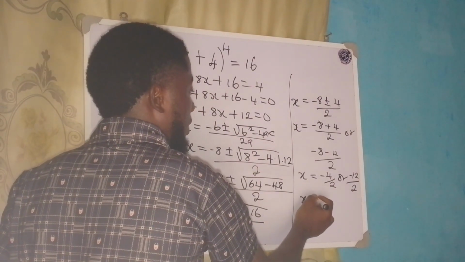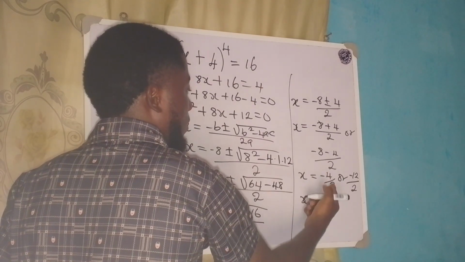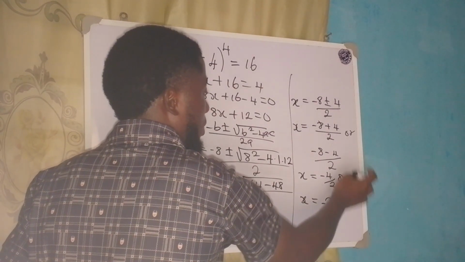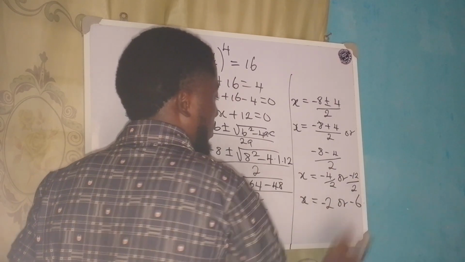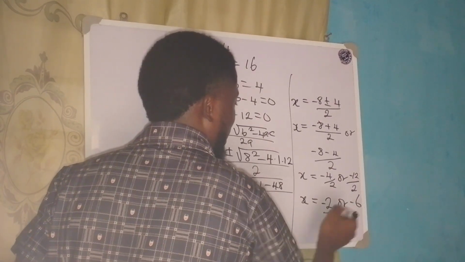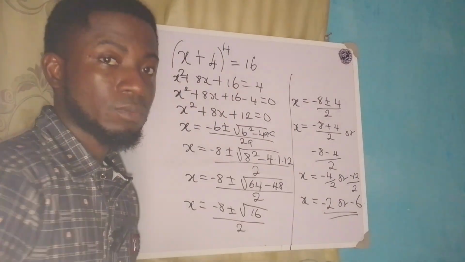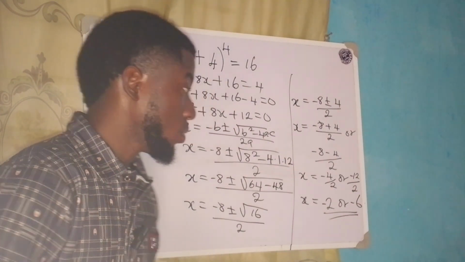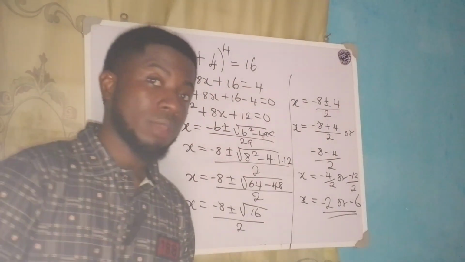So x is equal to this divided by this, which gets minus 2, or this divided by this, which gets minus 6. So from here, we have two solutions: x equals minus 2 or x equals minus 6.